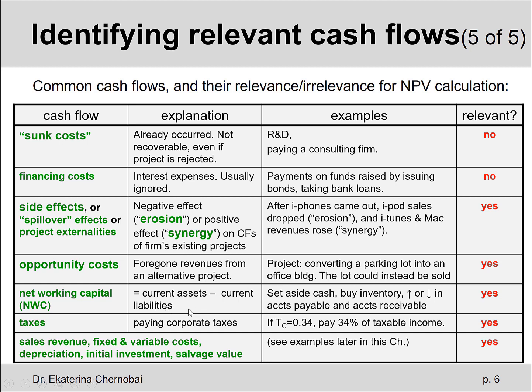Current liabilities include short-term loans. Short-term means needs to be paid back within 1 year. And current liabilities also include accounts payable. So the money that a firm owes to its suppliers, again within maybe a few weeks or a few months.